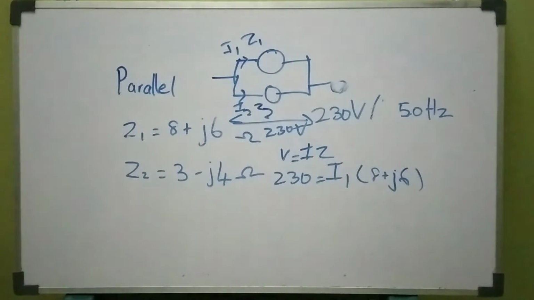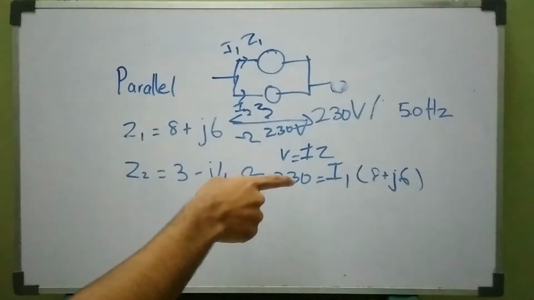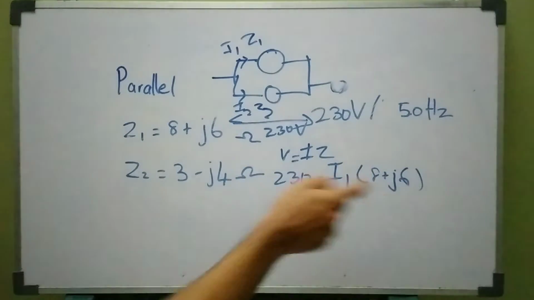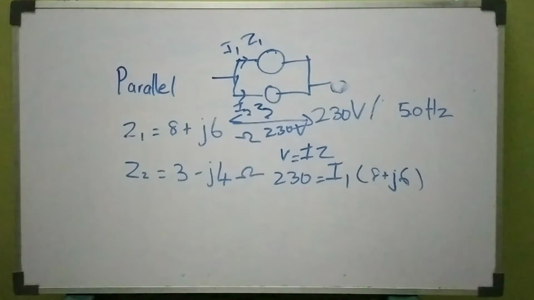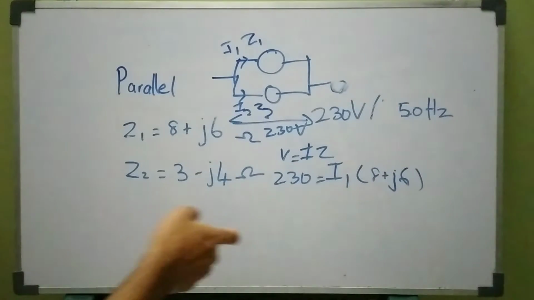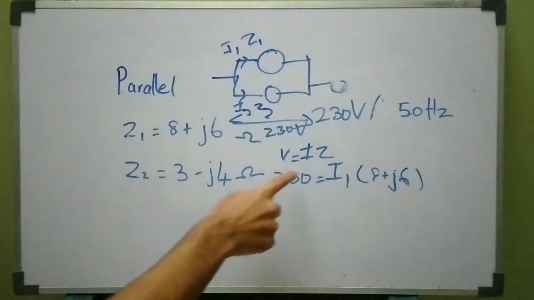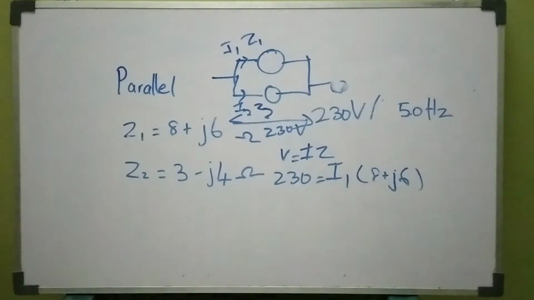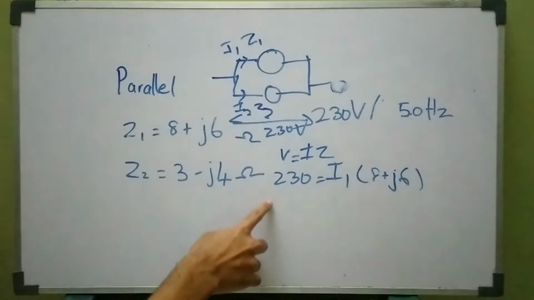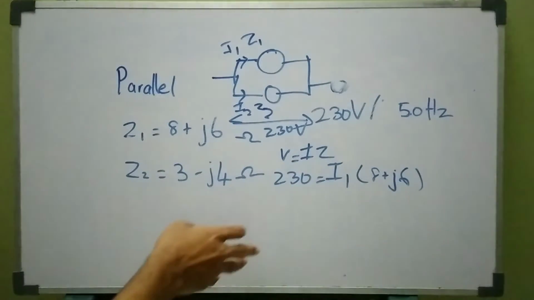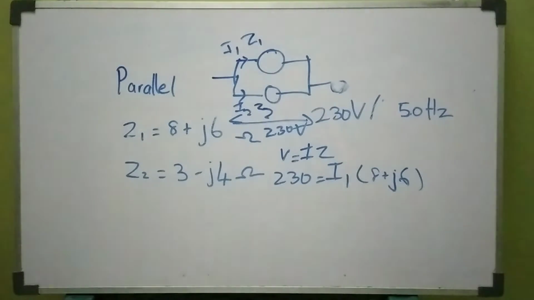But here the problem is whether we need to change this to polar form or Cartesian, because they have given the impedance in Cartesian form. The voltage in Cartesian form would be 230 plus j into 0, or we can make it polar form, 230 volts and the phase angle.